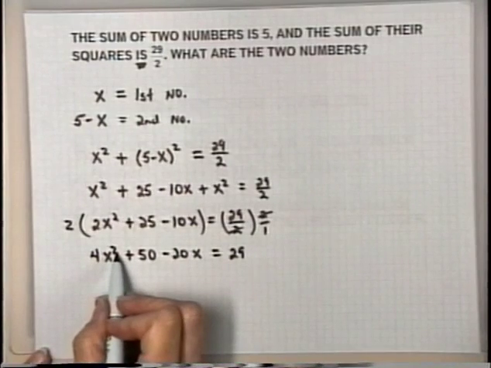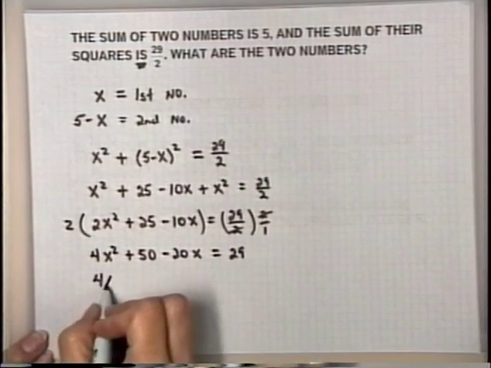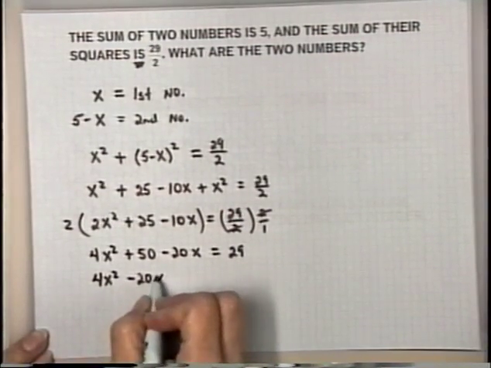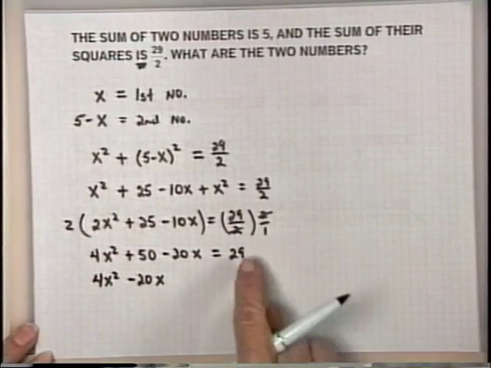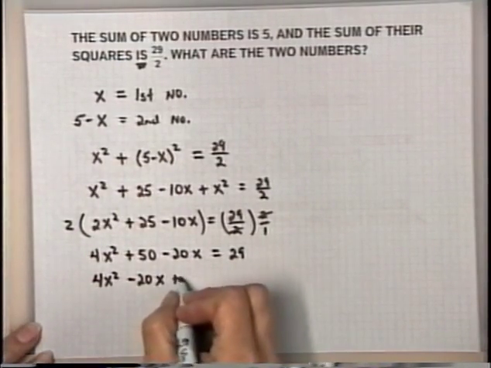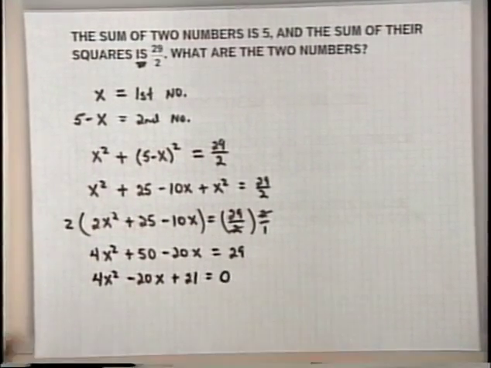We do have a quadratic equation, so we need standard form. I will have 4x squared. I'm going to put the minus 20x in the middle position, and then notice I'm subtracting 29 from 50. That gives me a positive 21 is equal to 0. Having this in standard form, I need to factor.